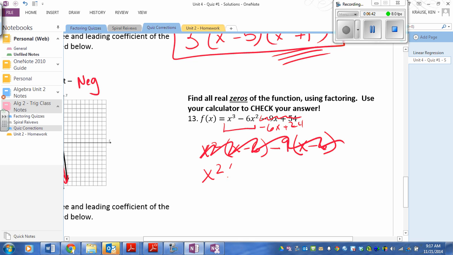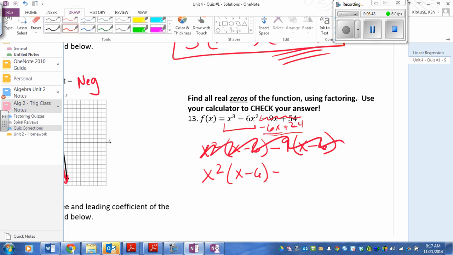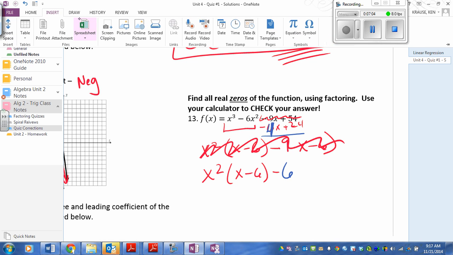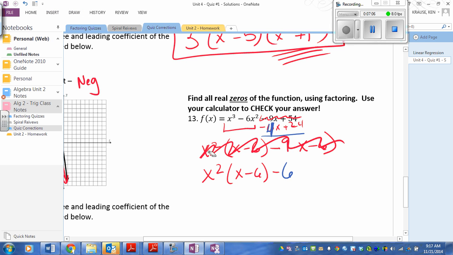You're going to take out an x squared. You're left with x minus 6. Copy over this minus. Between these two, let me draw this in a different color. Over here, between these two, I can take out another minus 6. Sorry, this is a 4. So let me erase. Let me get rid of all this so I can almost start this over again.